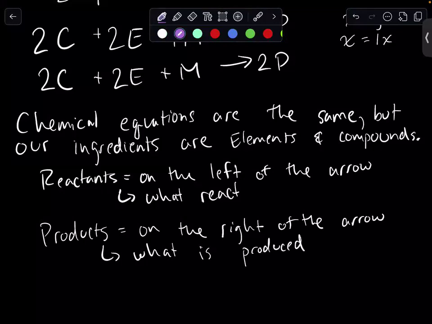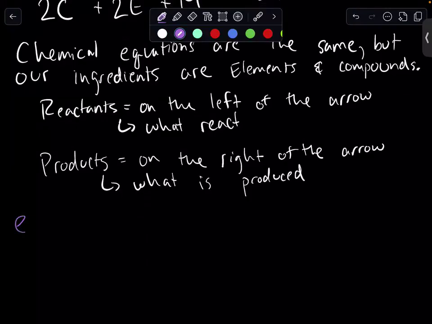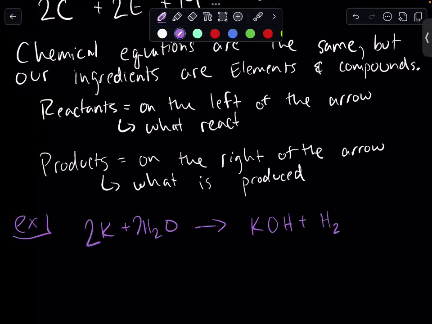So let's look at a real chemical equation. Let's, for example, say we have some potassium, which is K. We drop it in some water, H2O, and those react to make potassium hydroxide and hydrogen gas. Now, I know that I'm going to put some numbers in front here, and we'll talk about where those come from, but this is a real chemical reaction.